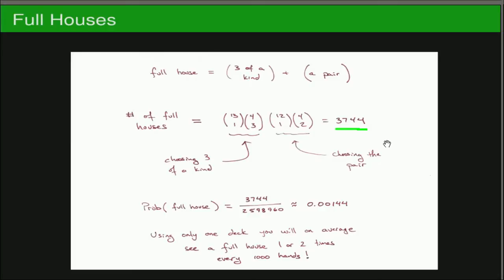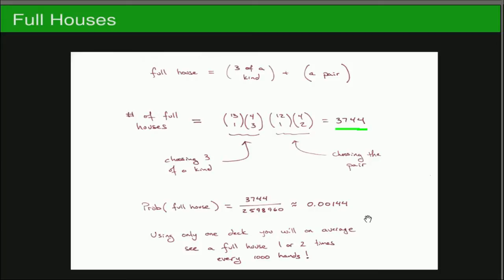full houses. And so the probability of getting a full house is going to be 3,744 divided by the total number of 5-card poker hands that we can have, which was 2,598,960, giving us a probability of 0.00144.